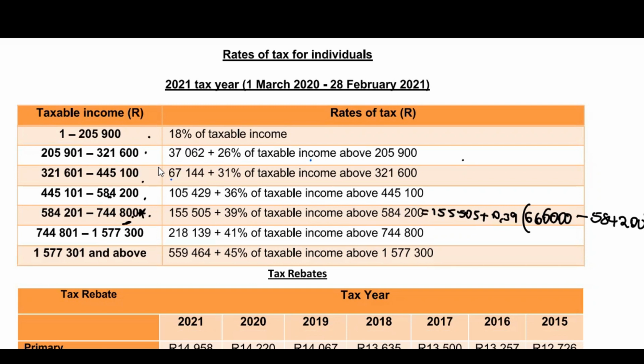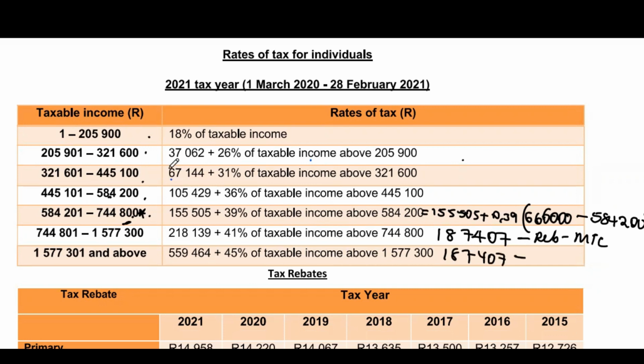Calculate everything, put it in a calculator. It becomes 187,407. Now this is when you subtract the rebate and you subtract the medical tax credit.